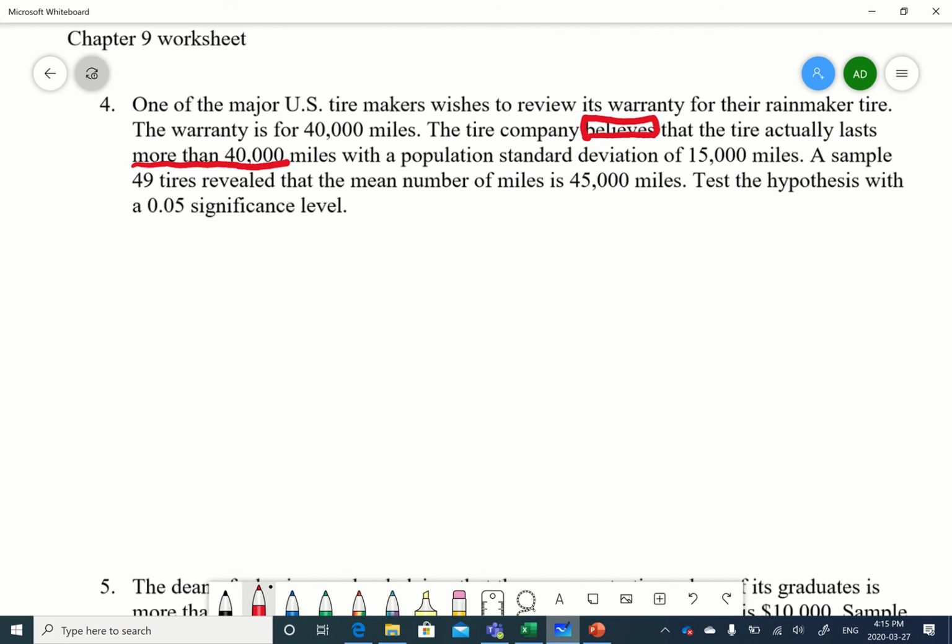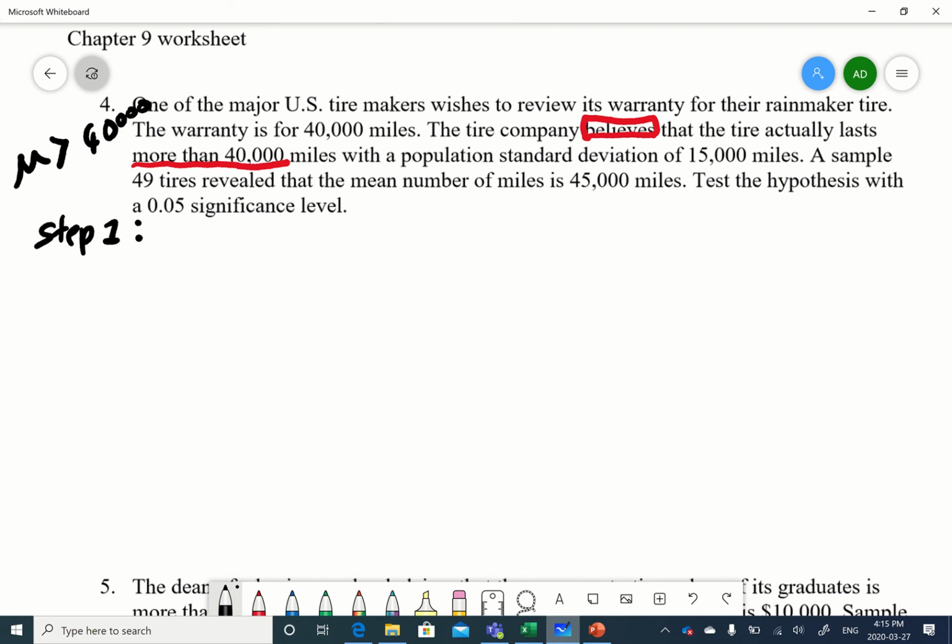Okay, so first look into the hypothesis, build H0 and H1. So step 1. Let's first go through that. They believe the average mileage is more than 40,000. So that's their belief. So this is obviously H1.